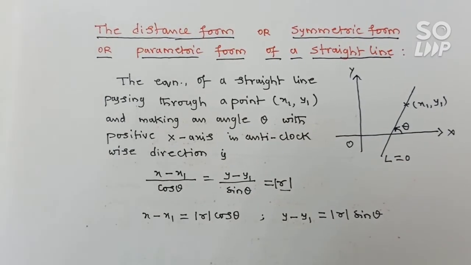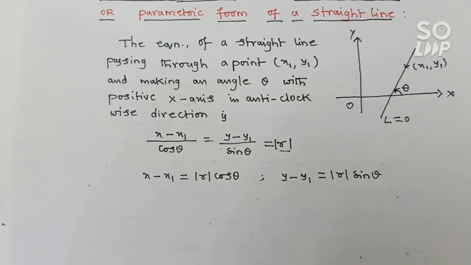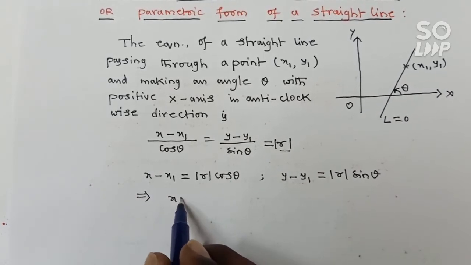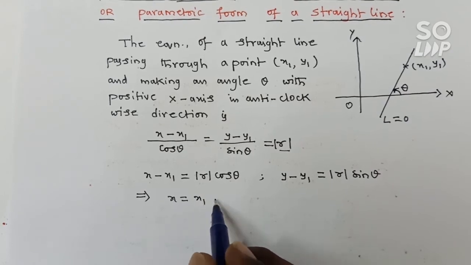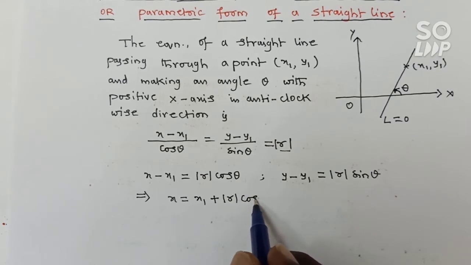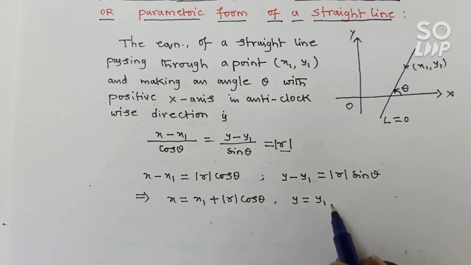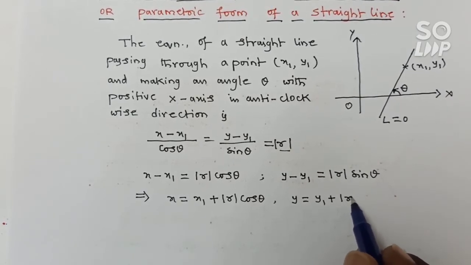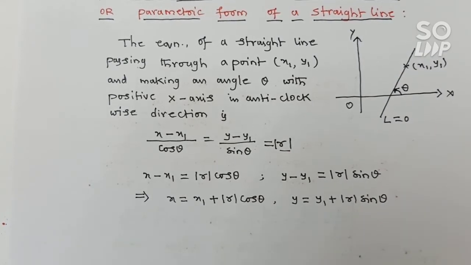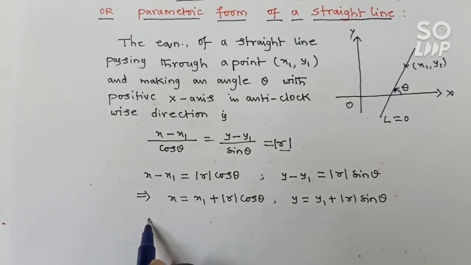Now take minus x1 and minus y1 to the right side. That implies x is equal to x1 plus modulus of r into cos theta, comma y is equal to y1 plus modulus of r into sin theta. Modulus of r represents plus or minus r.